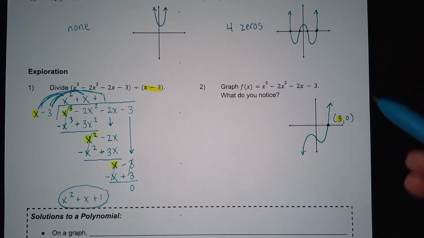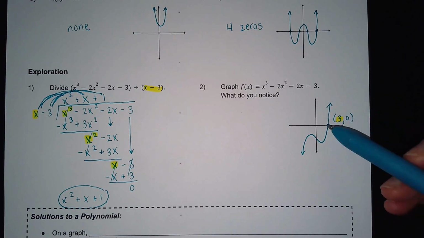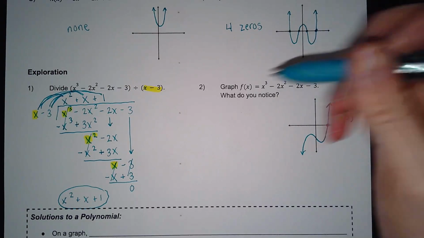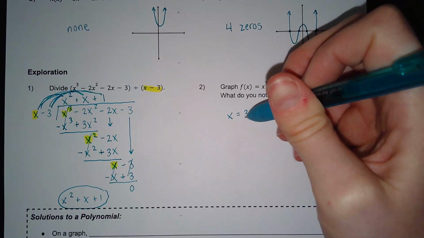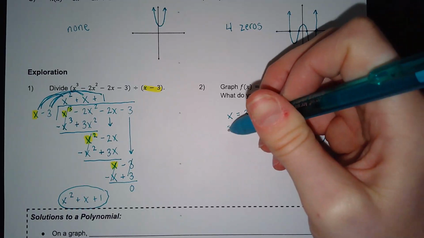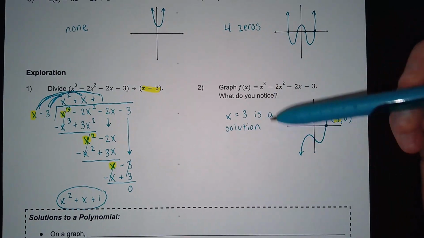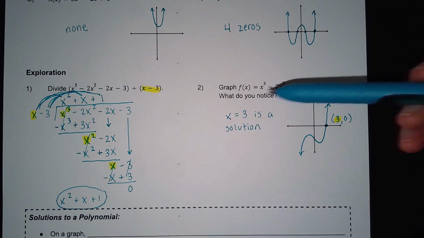What we see is that this graph crosses our x-axis at 3, which means 3 is a solution. So x equals 3 is going to be a solution to this polynomial.